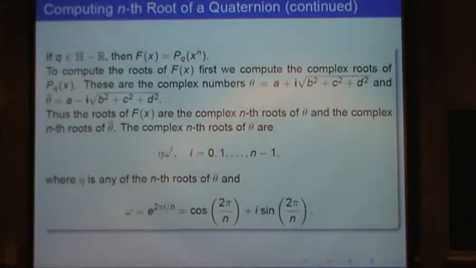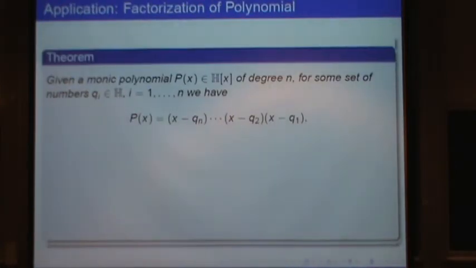If q is a quaternion which is not real, then the roots are the complex nth roots of theta and the complex nth roots of theta bar. Okay. Factorization of a polynomial.